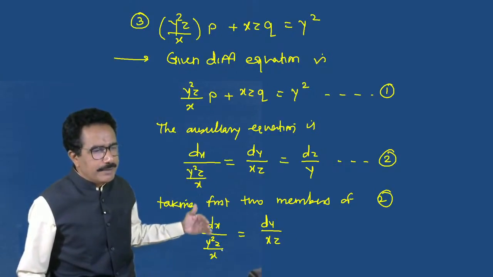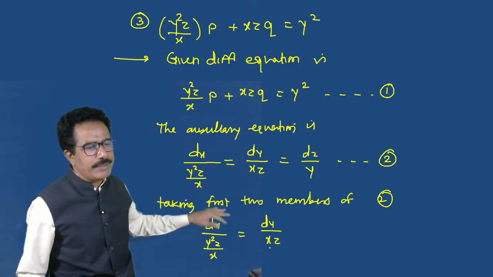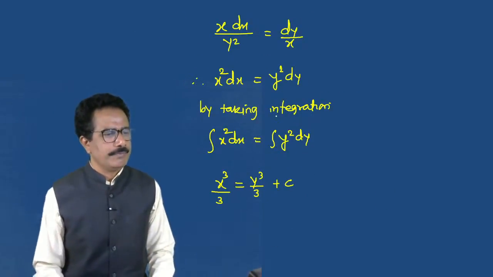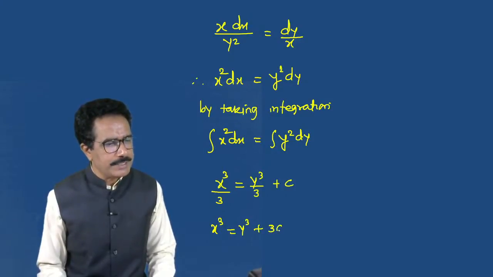Then take the reciprocal of this: dx divided by y square and dy divided by x as it is. So we can write x cube is equal to y cube plus 3c, that is, x cube minus y cube is equal to c1.